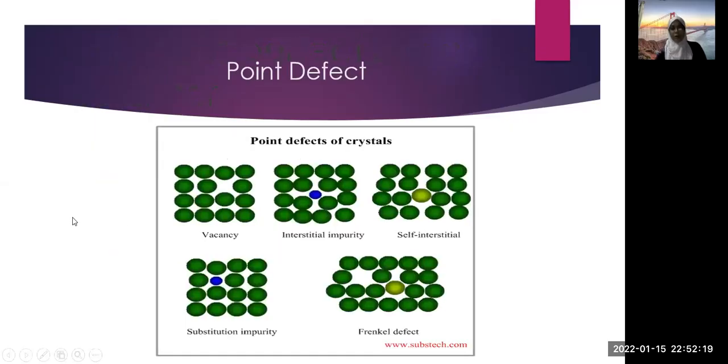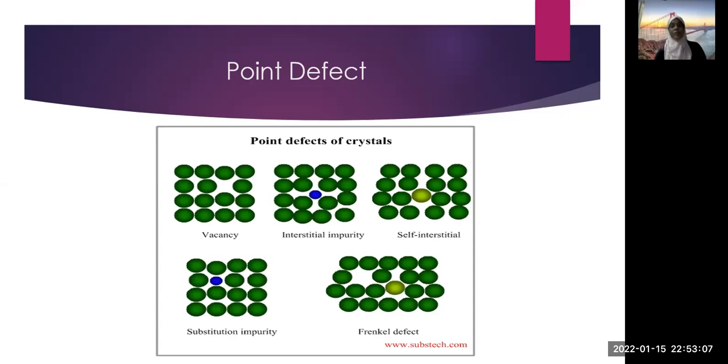When you talk about point defects, in the structure there can either be a vacancy created, or some interstitial impurity, or a self-interstitial, or some substitution in place of an atom, or it could be a Frenkel defect.